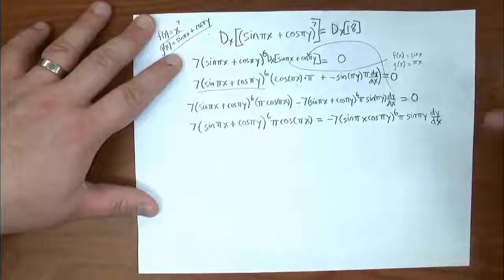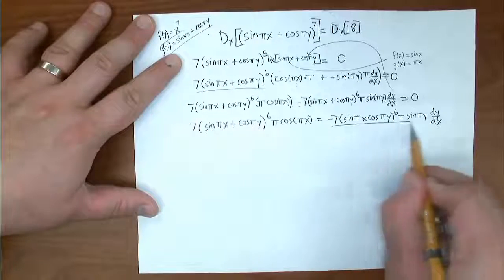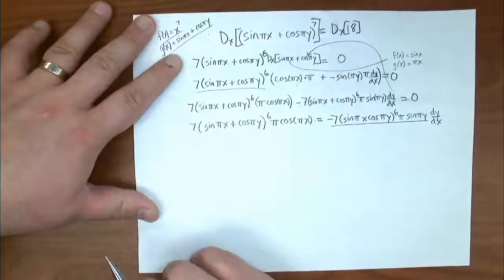Now, there's nothing to factor there. I just need to divide both sides by that to get dy/dx.